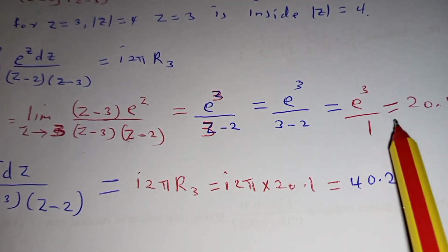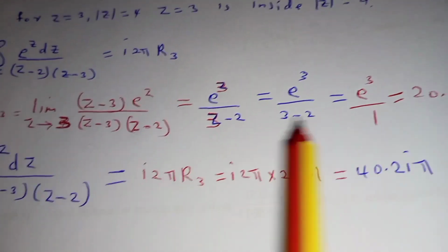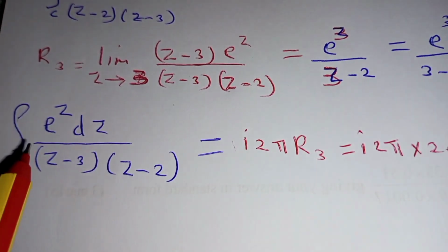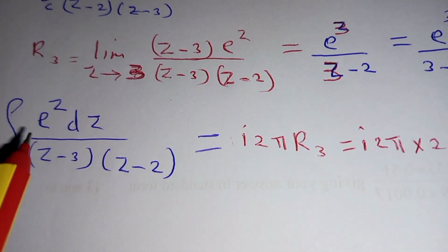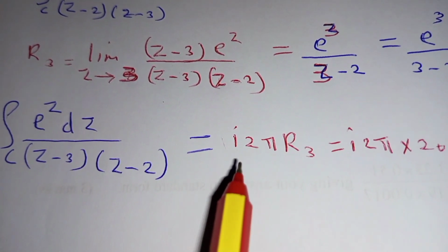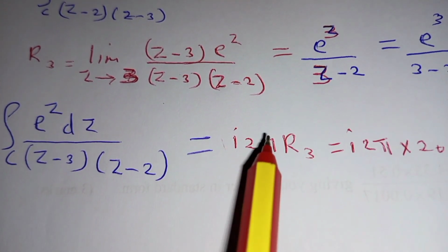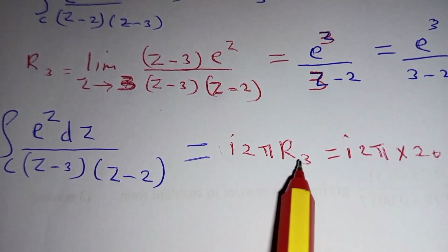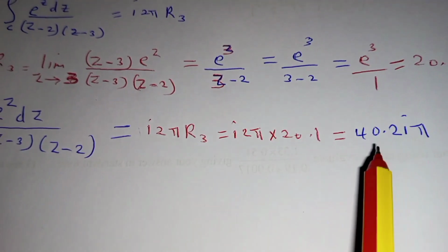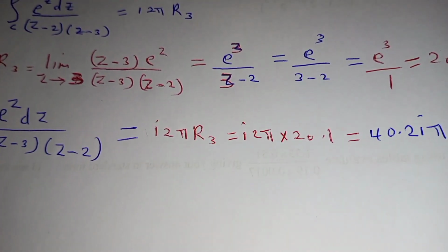Exponential 3 divided by 1 is 20.1 to 1 decimal place, meaning that the integral of this function along this contour is equal to 2 pi i times the residue at pole 3, which is given by 40.2 i pi.